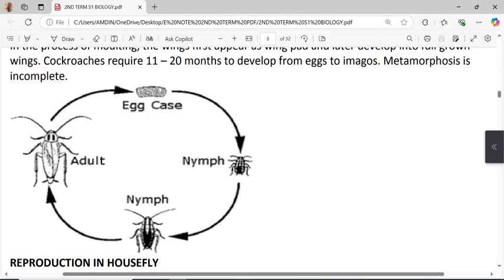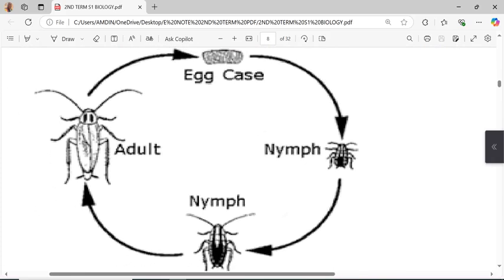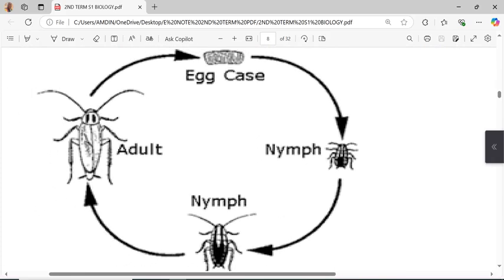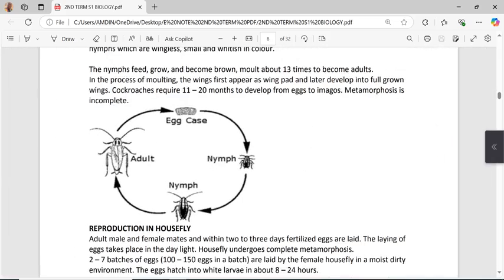But in the case of cockroach, the egg hatches to a nymph, which is a small cockroach, and the nymph develops into an adult cockroach. As we have said, this can take up to 11 to 20 months, that is from egg to adult cockroach.